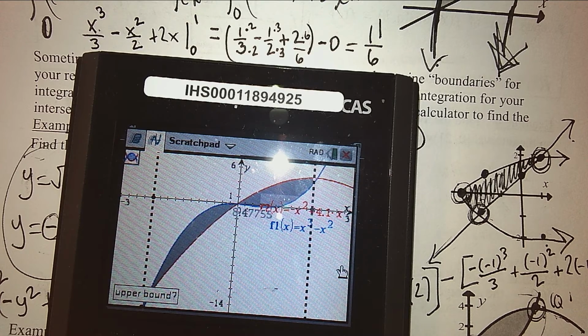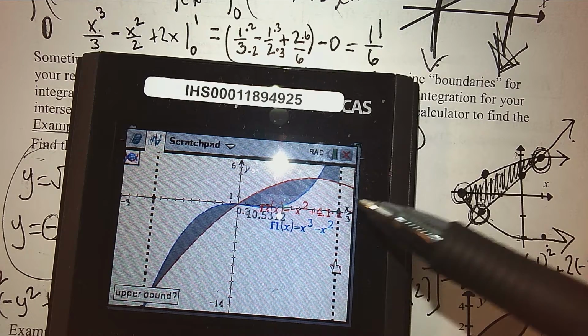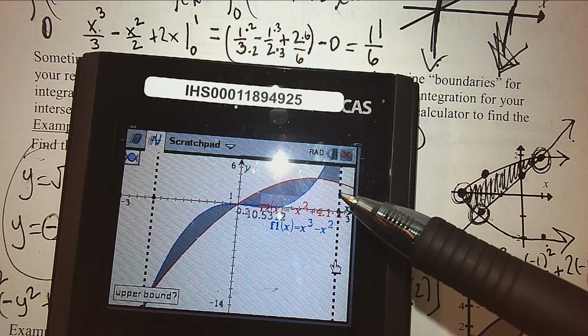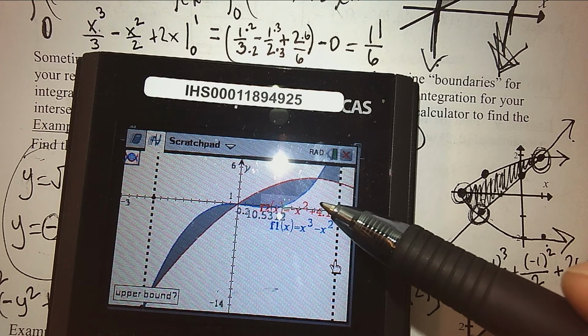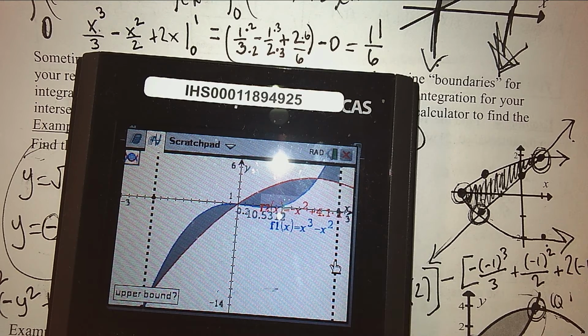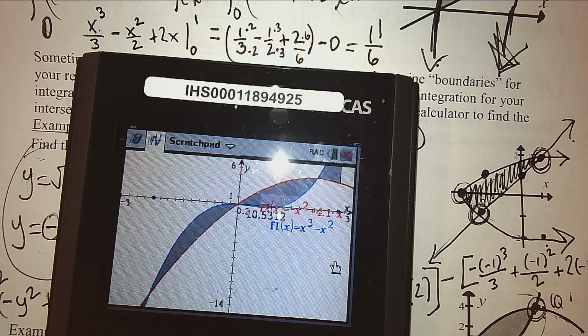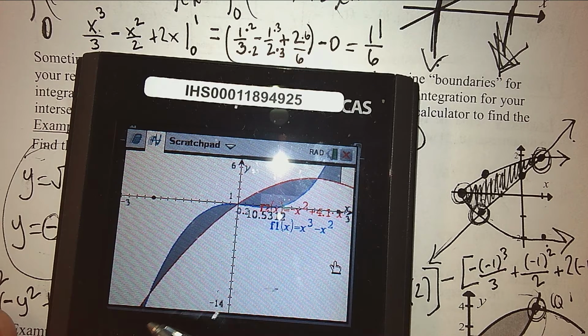If I go too far right, it shades more than I want it to shade, and I don't want it to shade all that. Then I press enter, and it finds the area that went beyond what I needed. I didn't need that little area on the bottom left, and I don't need that area on the bottom right.